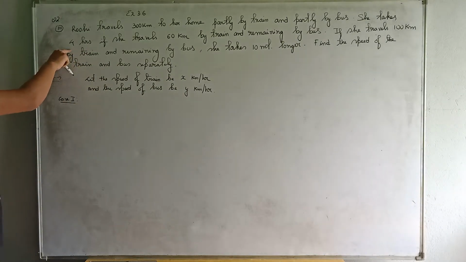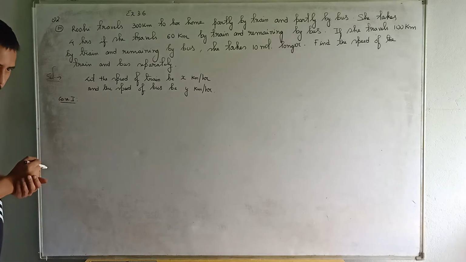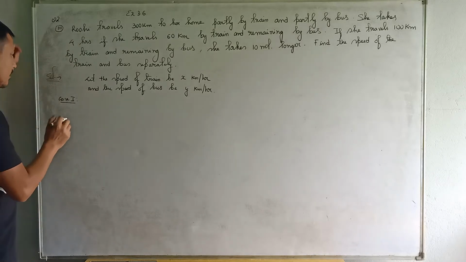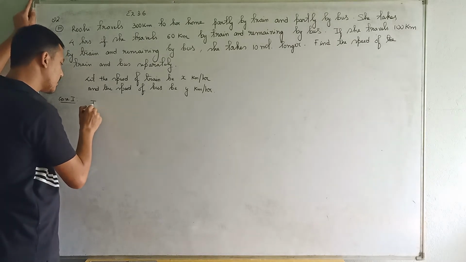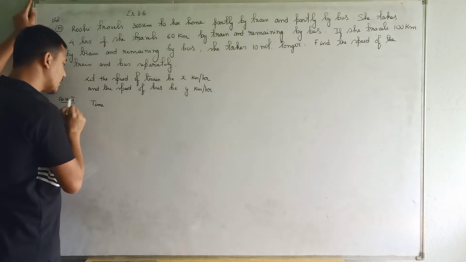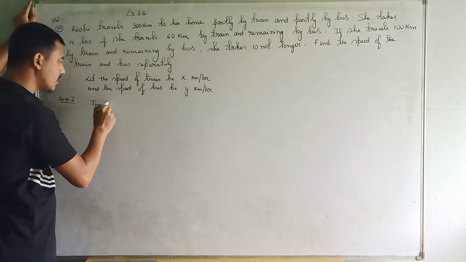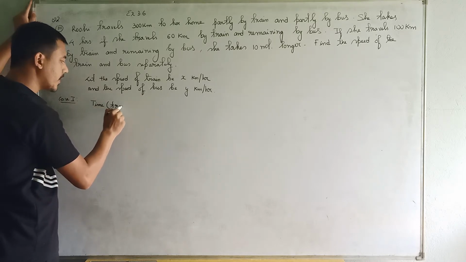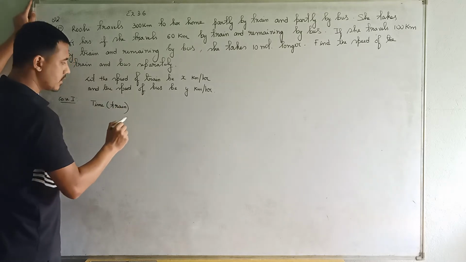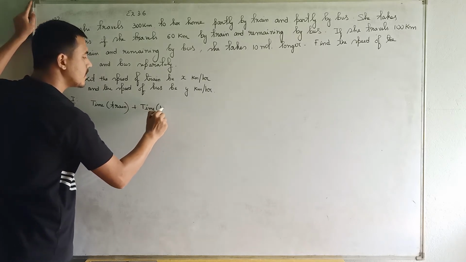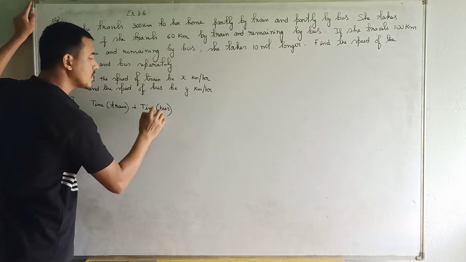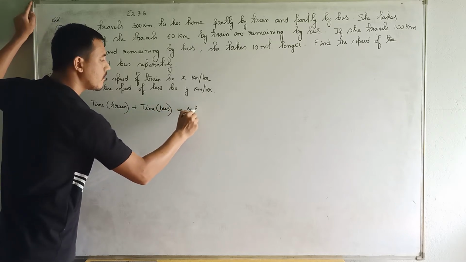Are you following that? Now I'm going to express everything in terms of time. So, according to the question here, time taken by Rohi in traveling by train, plus time taken by Rohi in traveling by bus. The total time taken is 4 hours.